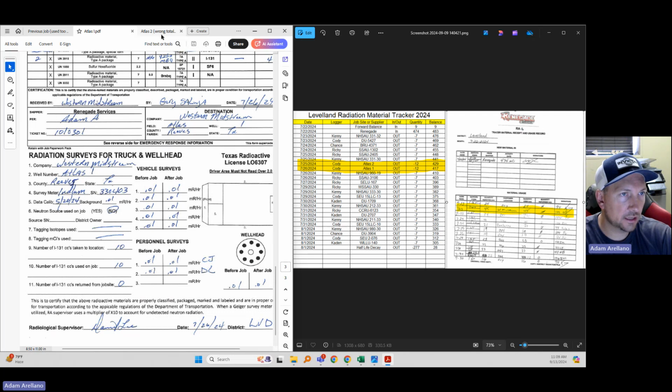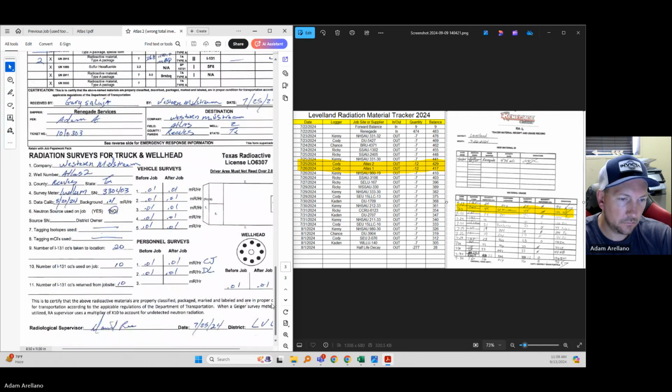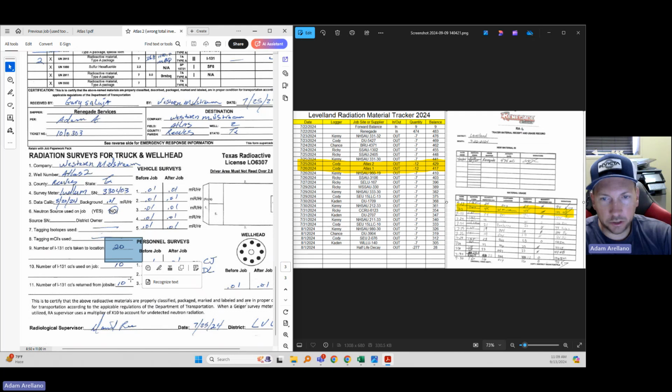This shows the 26th. We might have done this one first. Yeah, the 25th here. So we checked out 45 on the 23rd, on the 25th, we only had 20 on our total inventory, which is at least 20 millicurie off. So that's too far off from being accurate.